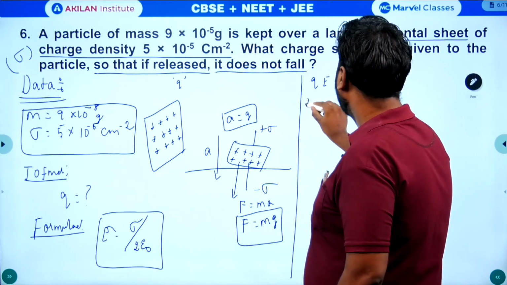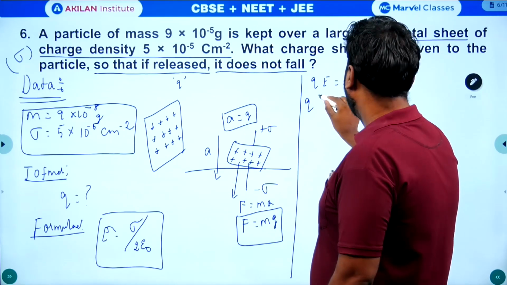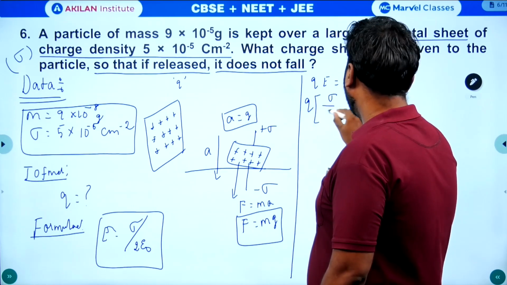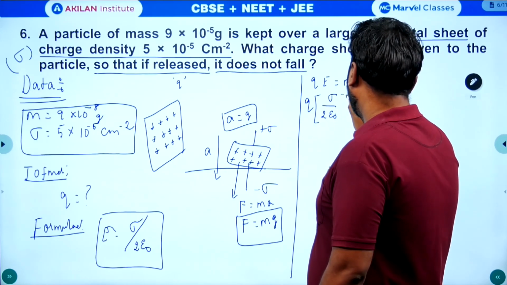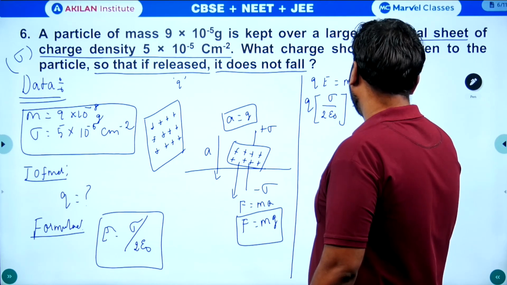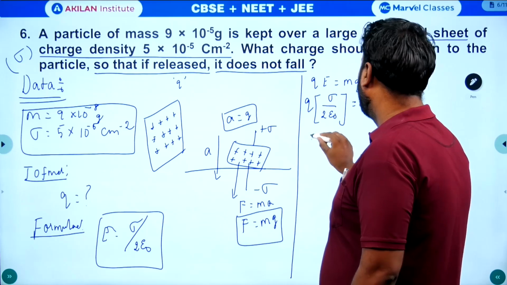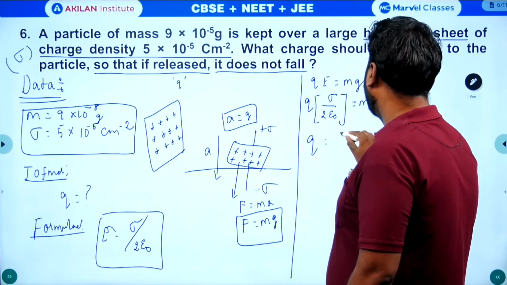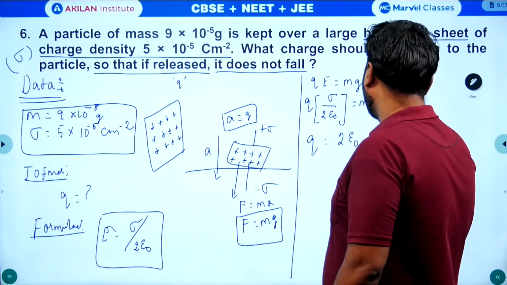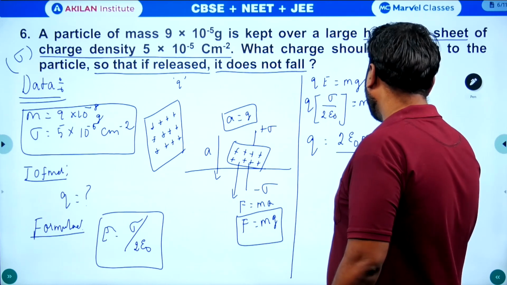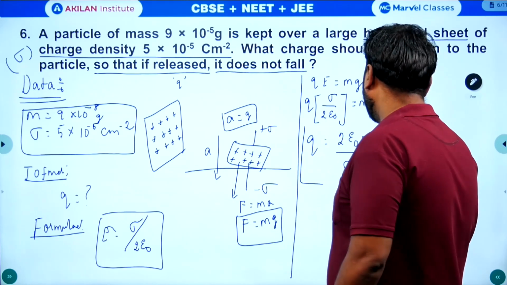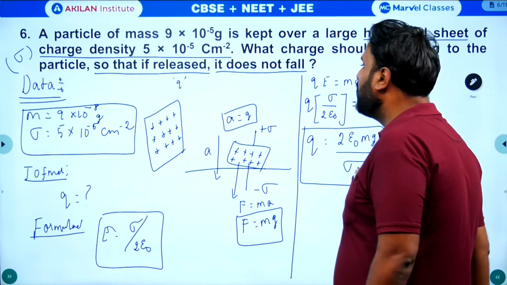So E is sigma by 2 epsilon naught, equal to mg. What do we have to find out? Charge. Then Q equal to, cross multiply, 2 epsilon naught mg by sigma. So this you have to find out.